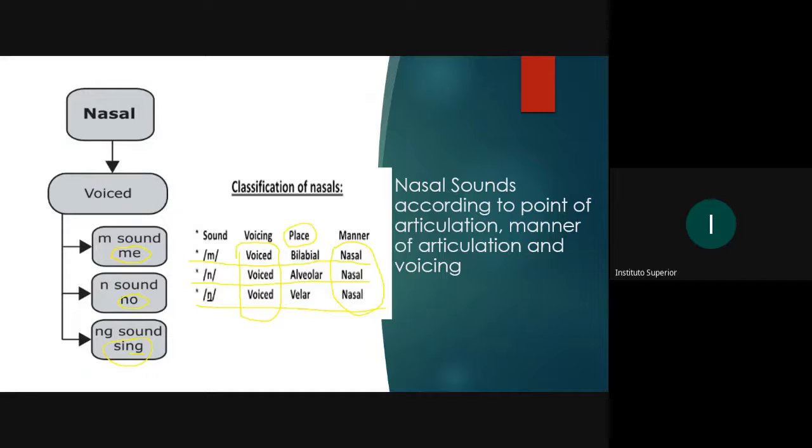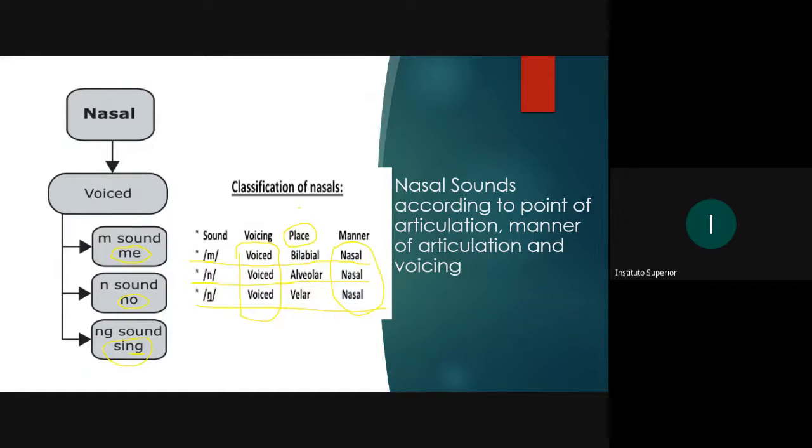The first one is bilabial, the second is alveolar, and the third one is velar. In the voicing, the three are voiced. The three produce vibration. In the manner, remember, the three are nasal.